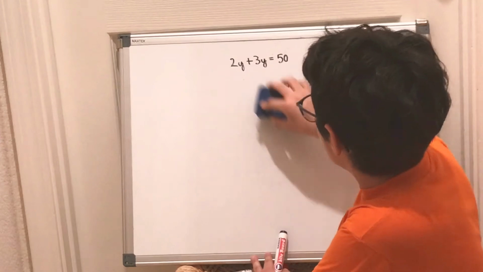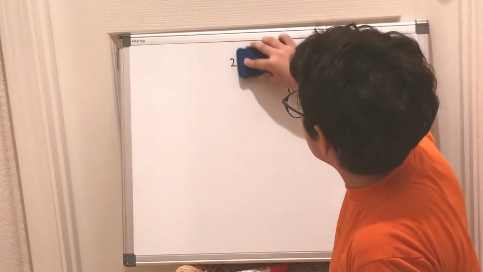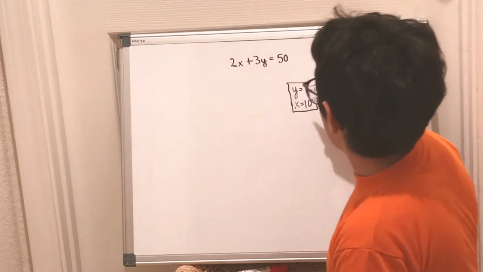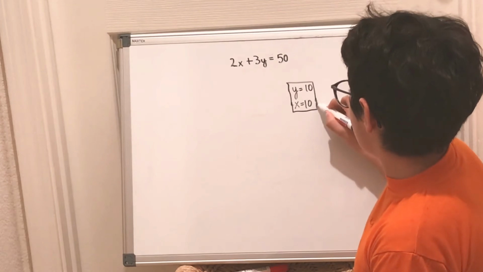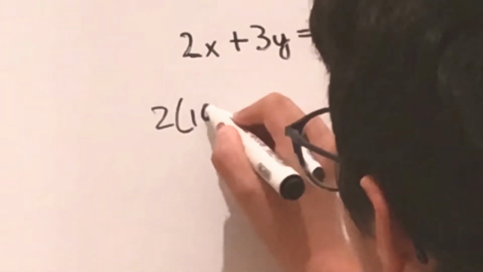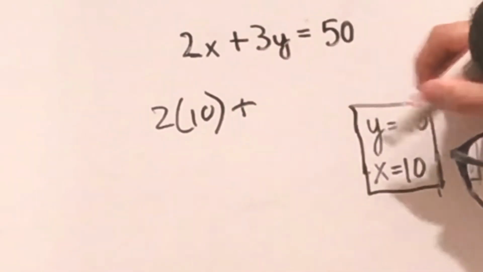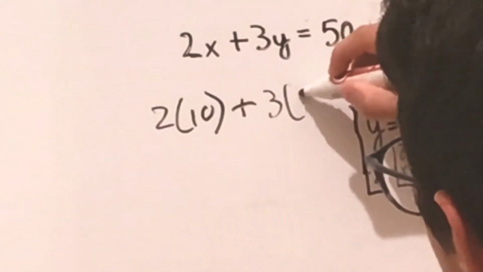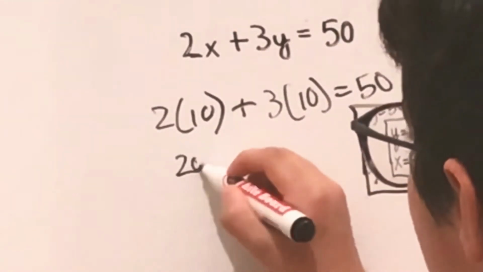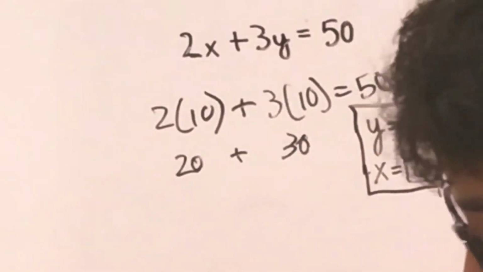I know I changed it, but the original equation was 2x plus 3y. By inputting these new values for the variables, we get 2 times 10 plus 3 times 10. We get 50 because that's 20 plus 30, and 20 plus 30 is 50.